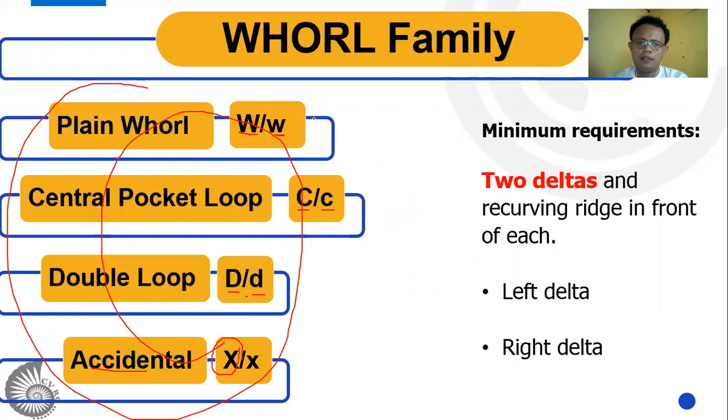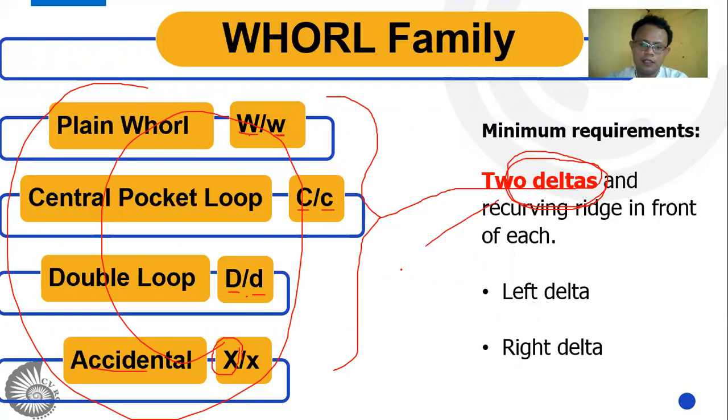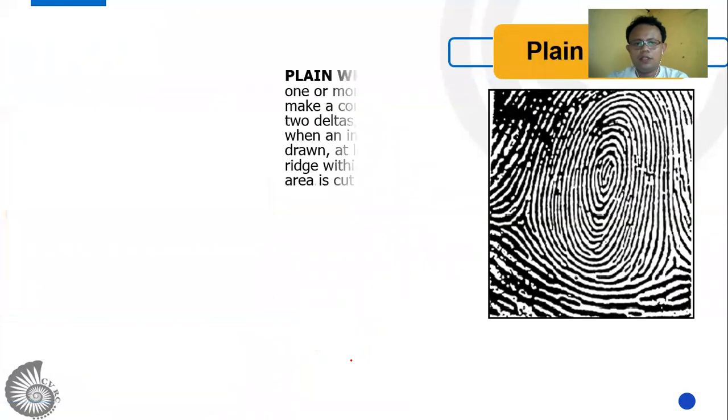They are classified as a whorl family because of the two deltas. The accidental is the only one that has two or more.